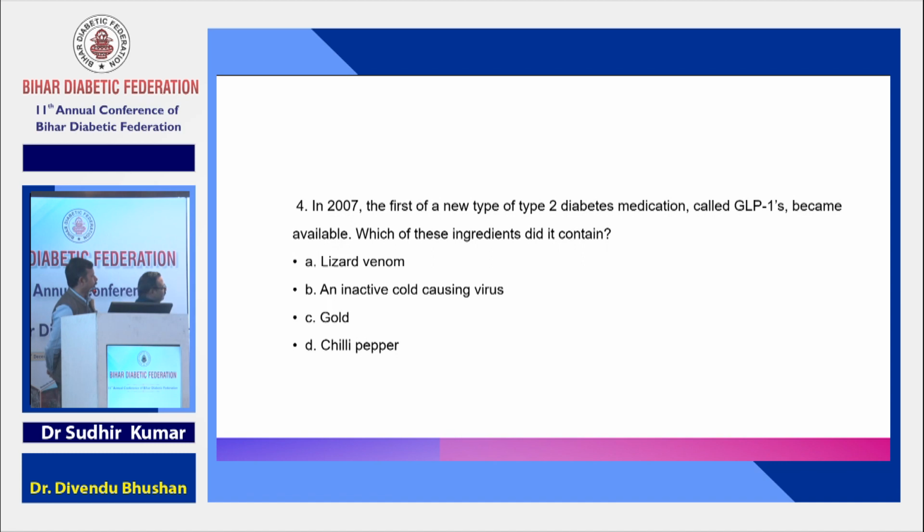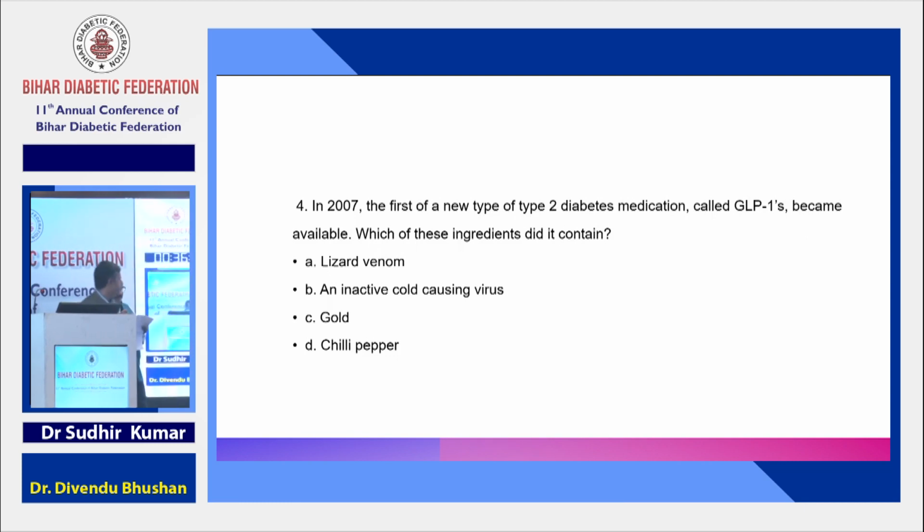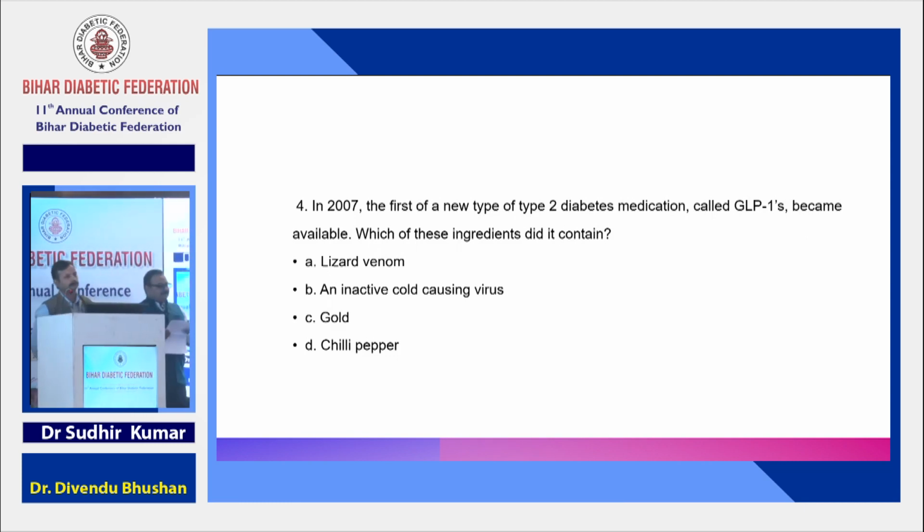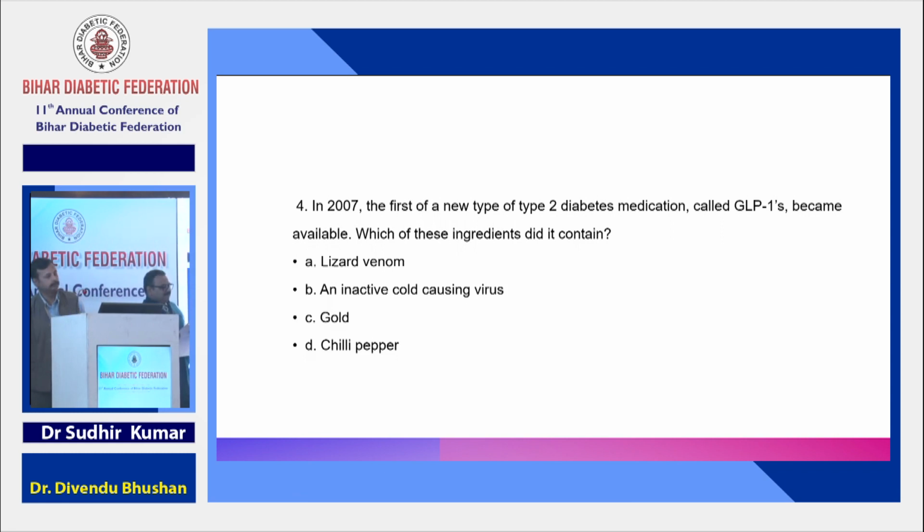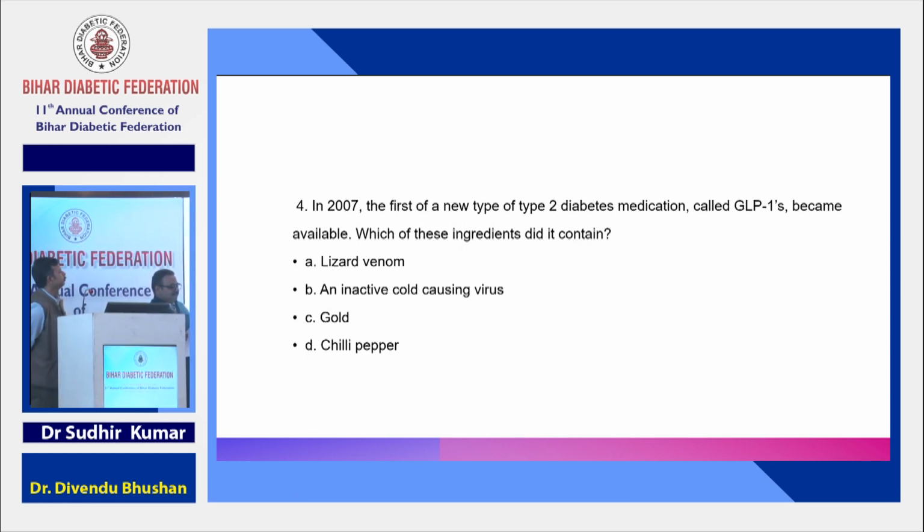Which of these ingredients did it contain? When GLP-1 was first extracted in 2007, which ingredient did it contain? Tell me. Yes, lizard venom. Very good. Correct answer.